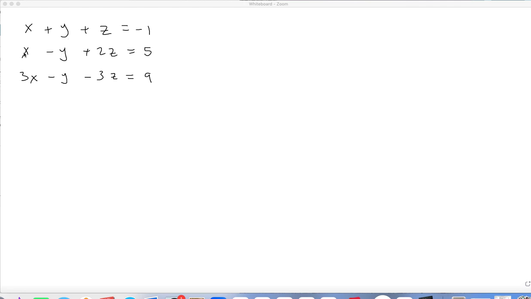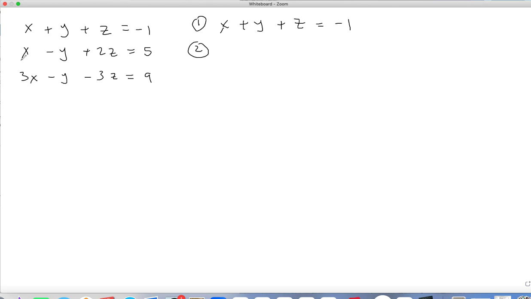What would be easier than doing either x or z in this case is the y's, because I have a plus y and a minus y. So if I just add 1 and 2 together as they are, so I will show this, because this is the way I'm really going to solve it. So there's our equation 1, and then here's equation 2.